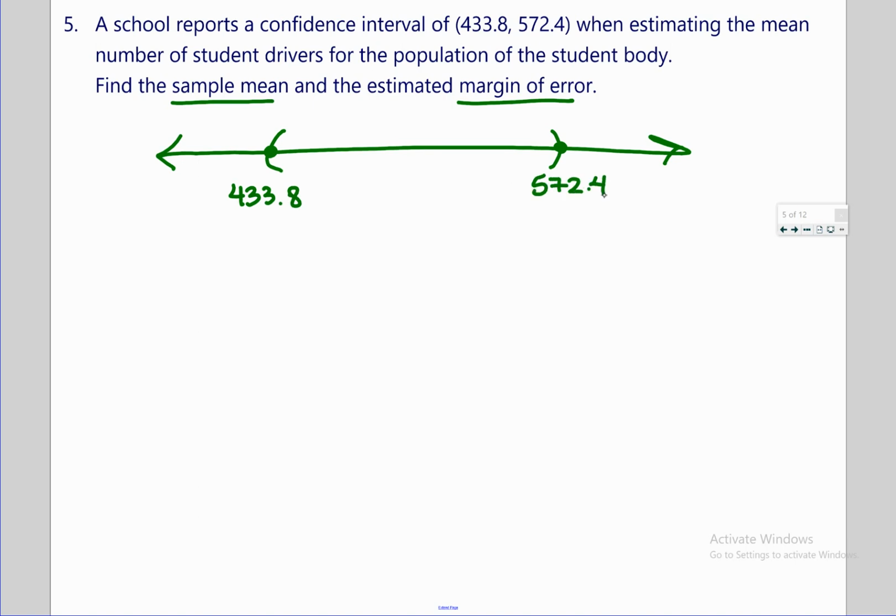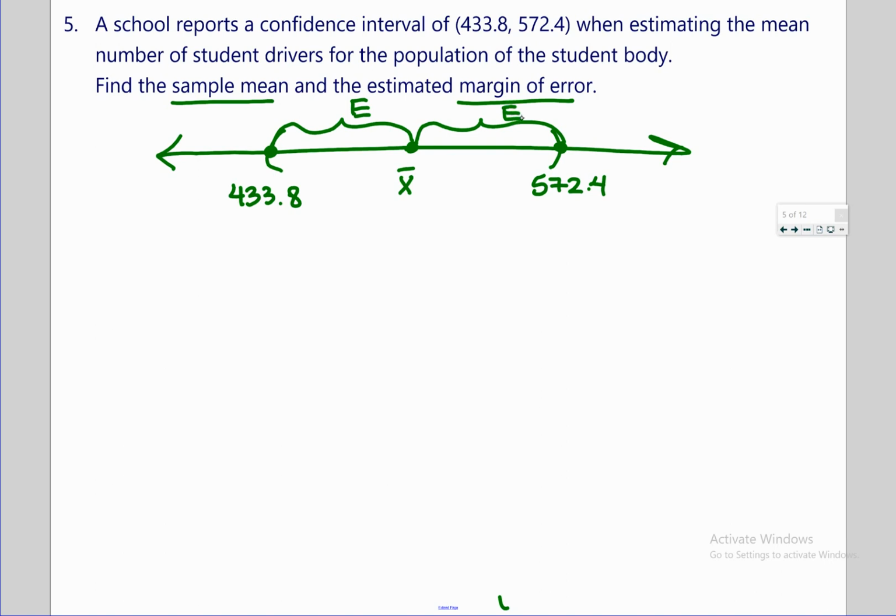Where is the mean located with respect to these numbers? In the middle is our x bar. And then your margin of error is just, you can see it twice in this picture, the difference between the end of one of your confidence intervals, either the min or the max there, and the mean in the middle.